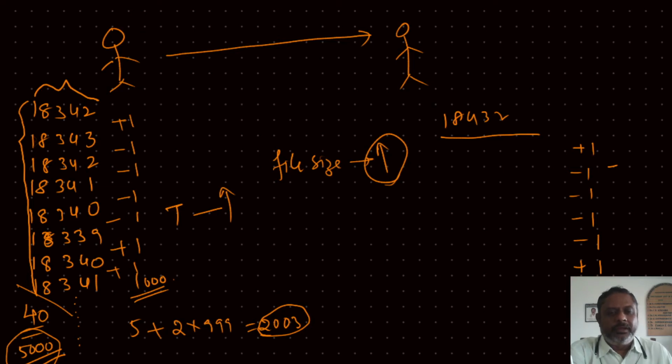So that way you can make sure that with a very small... if it goes to say 10,000, then this will go to 50,000. And what happens to this? 5 into 5 plus 2 into 9999.